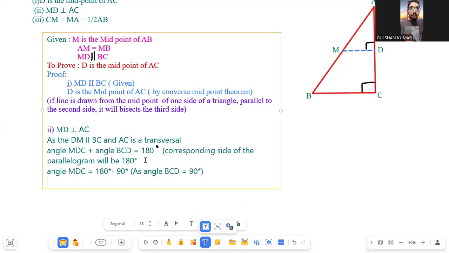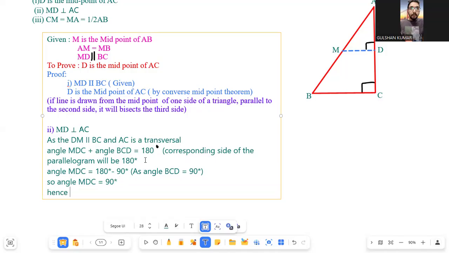Here it is clear. So angle MDC equals 90 degrees. That is clear here. Hence MD is perpendicular to AC. Clear that?